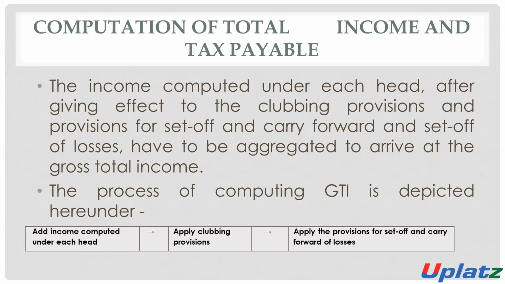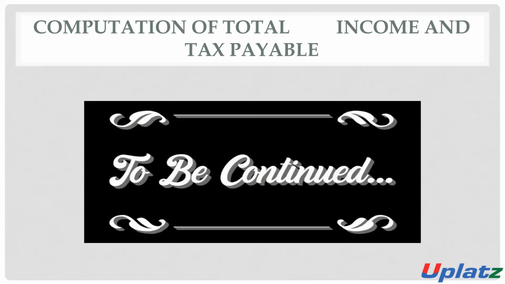Add the income which is computed under each head, means under each head the income that will be taxable. Then we will apply the clubbing provision, and then we will apply the provision of set off and carry forward of losses. And on the basis of this, we will calculate GTI, gross total income.